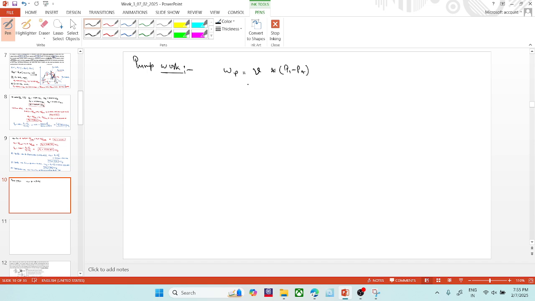Okay, so all these values we are having. We are having 0.001008. Pressure at point 1 is 8 megapascal. Pressure at point 4 is 0.008 megapascal. To convert into kilojoule per kg, I am multiplying it by 10 to the power 3. So from here, the WTP will come around 8 kilojoule per kg. Okay, so the pump work we got here.